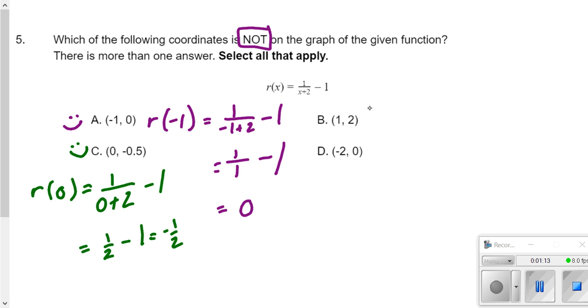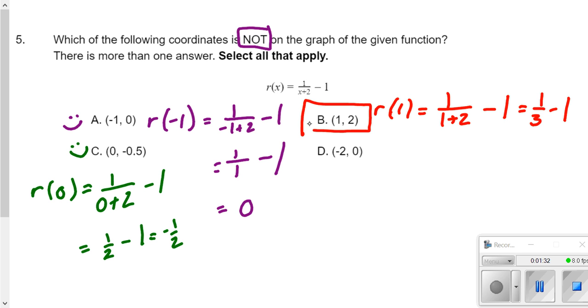For this point, I would want to evaluate at 1. So r of 1 is 1 plus 2 on the bottom. 1 plus 2 is 3, which is 1 over 3, which is 1/3. And that is not 2. So this one is not on the graph because it doesn't come up with a true statement.